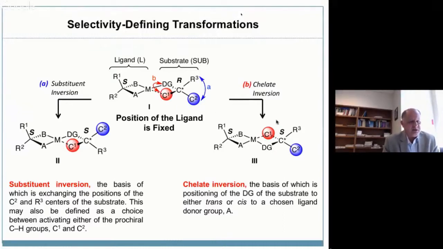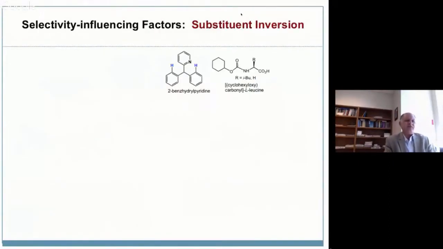And this transformation is based on the positioning of the directing group of the substrate either trans or cis to the donor group from the ligand. And the second step of the roadmap which we developed is identifying selectivity-influencing factors.